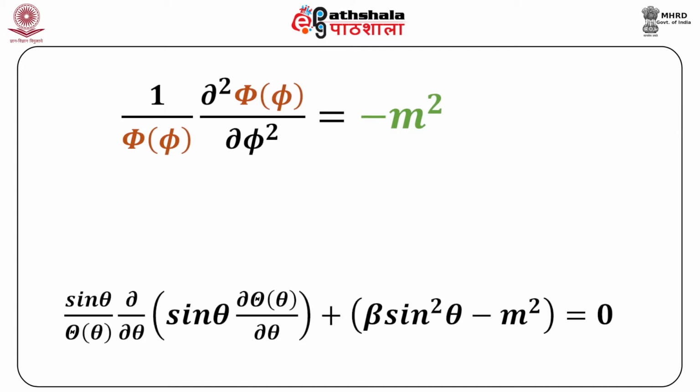One is the phi equation: 1 upon Φ(φ), ∂²Φ(φ) upon ∂φ² is equal to minus m². And the other is the theta equation: sin θ upon Θ(θ), ∂/∂θ of sin θ ∂Θ(θ)/∂θ, plus β sin²θ minus m² is equal to 0.